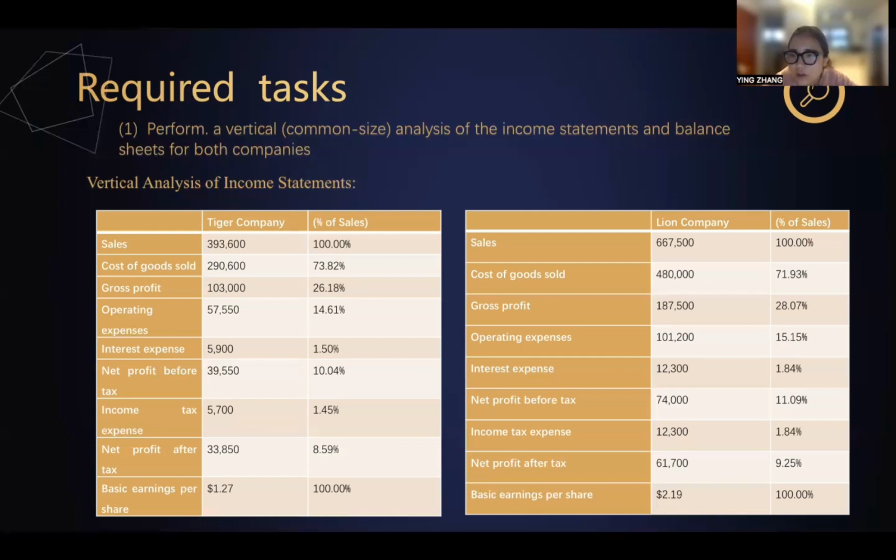Loin Company also has a higher net profit after tax, representing 9.25% of sales, compared to Tiger Company's 8.59%. This suggests that Loin Company maintains a higher level of profitability after accounting for tax.